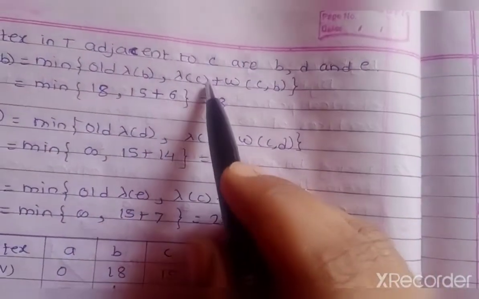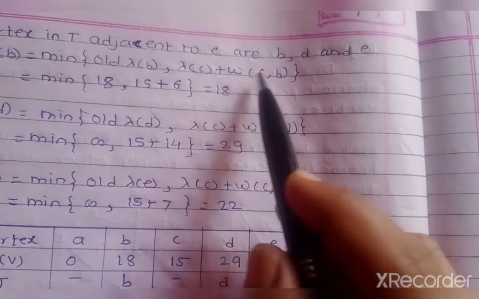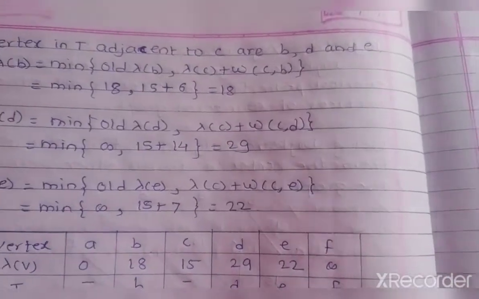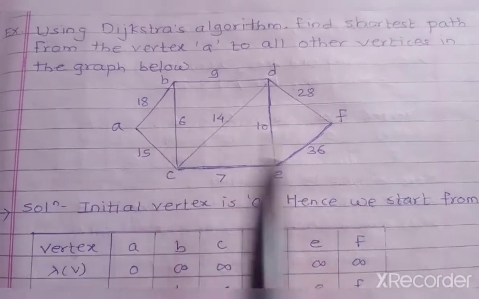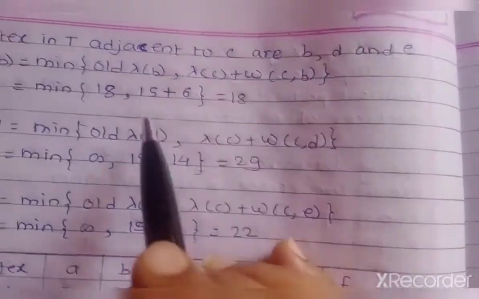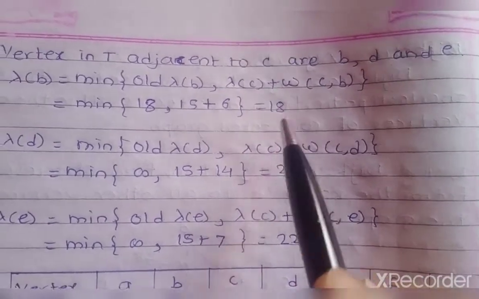And lambda of C's value is 15. Weight of C to B is 6. So write down here 15 plus 6, which is equal to 18.